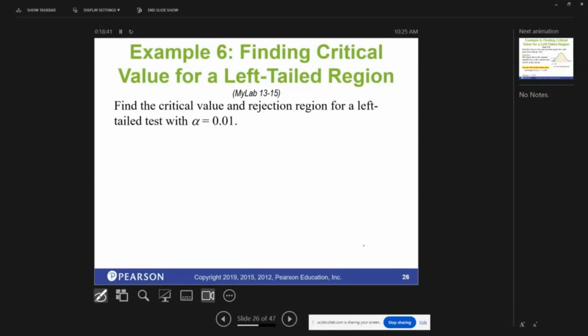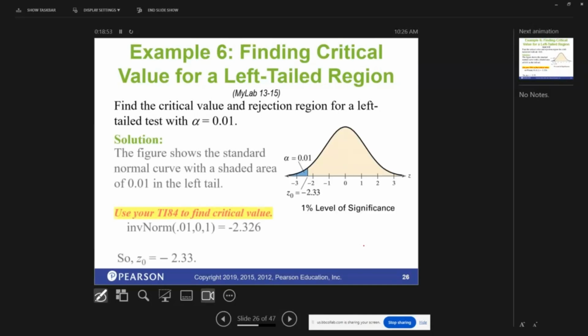Okay. So for this one, we want to find the critical value in the rejection region for a left-tailed test with an alpha value of 0.01. So if our alpha value is 0.01, this is what it looks like.